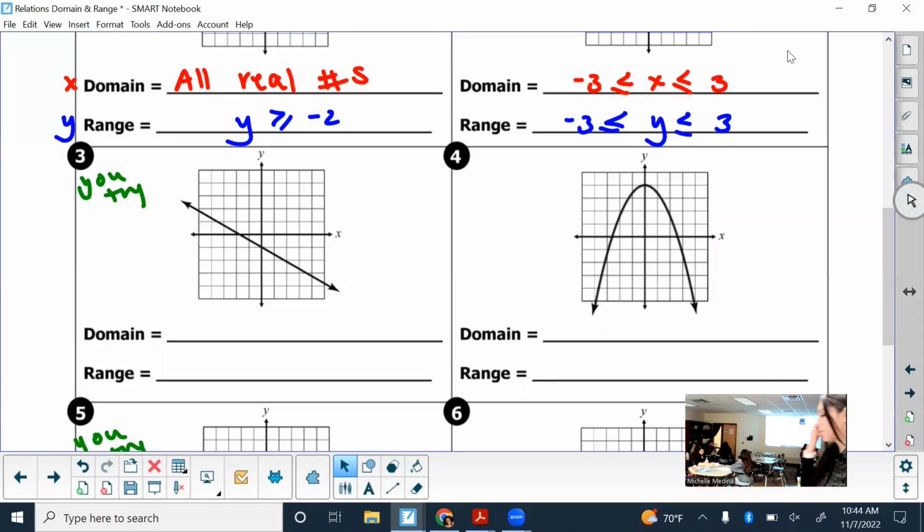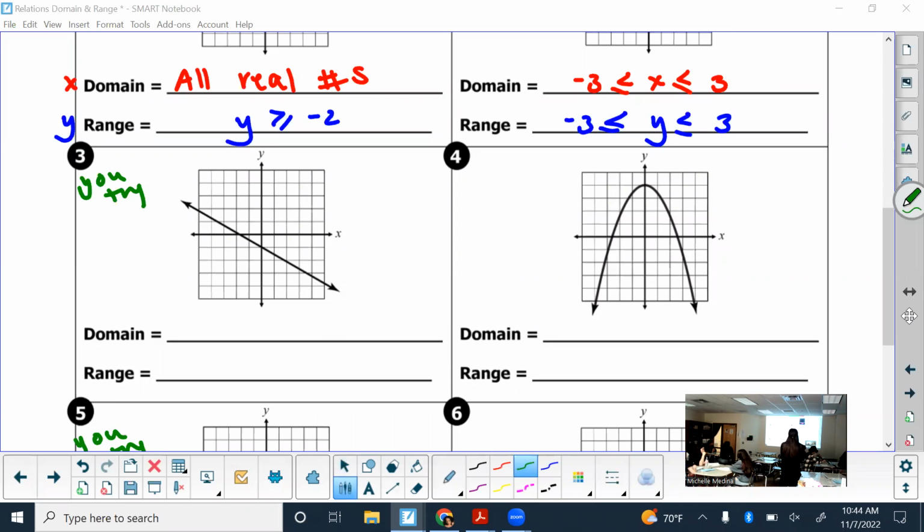So group 3. For the domain, that's referring to all the what? Domain is all of the. Thank you, Kaylin. Domain is all of the x's.